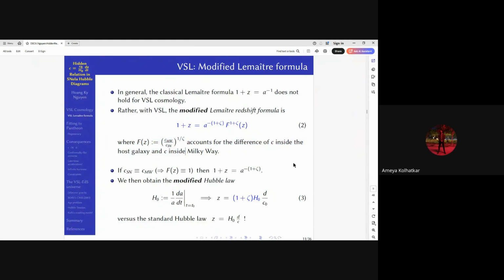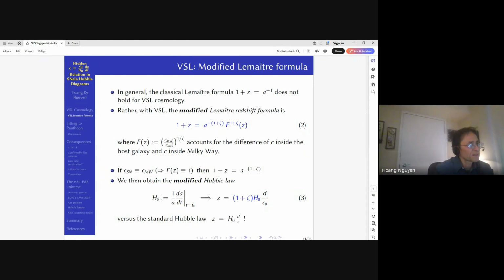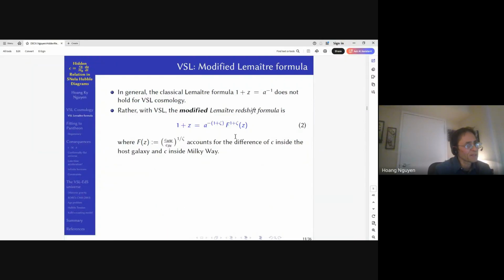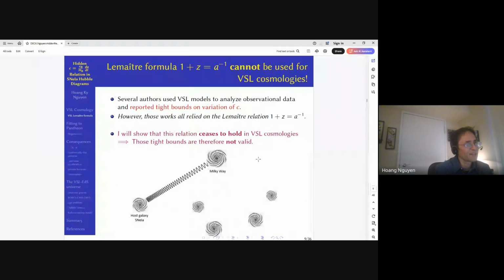So at very high redshift, let's say infinite redshift, we would assume that we would be at the Big Bang. And so shouldn't the speed of light at both those points be the same, since there is no a at all? So why make it a free parameter rather than fix it at 1? Okay. We see that with this formula, redshift only appears when the galaxy has already formed, so it cannot really extend to the Big Bang.